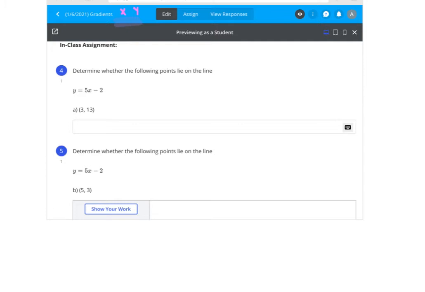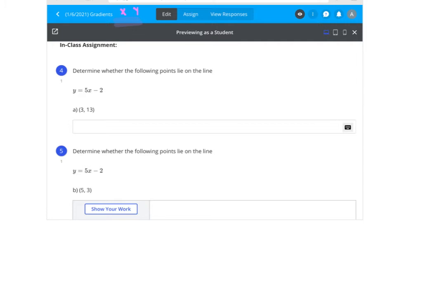So now all we have to do is do the math. So 3 is equal to, and then 5 times 5 is 25, so 25 minus 2. What is 25 minus 2? 25 minus 2 should be 23.